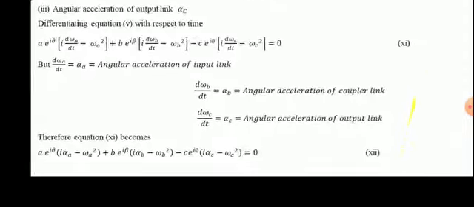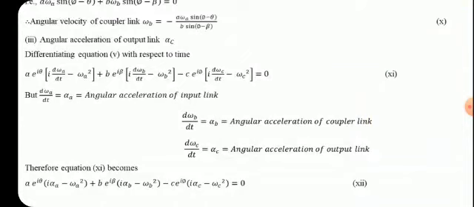Angular velocity of the coupler link we calculated. Now, alpha a is equal to the angular acceleration of the input link, alpha b is equal to the angular acceleration of the coupler link, and d omega c by dt, alpha c, is equal to the angular acceleration of the output link.